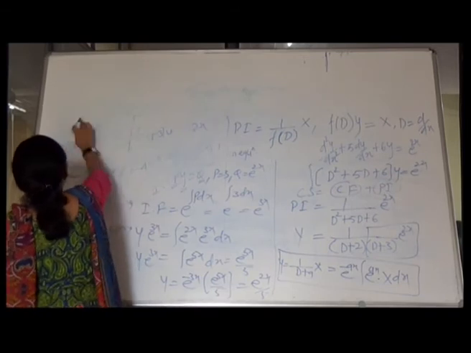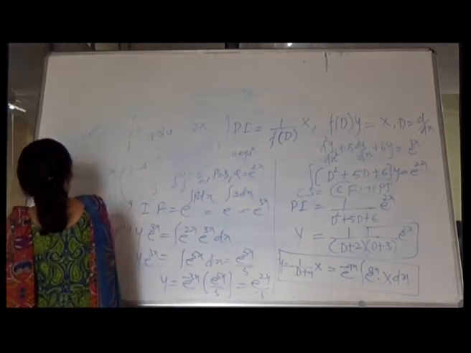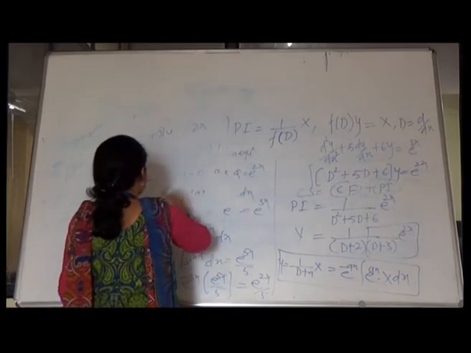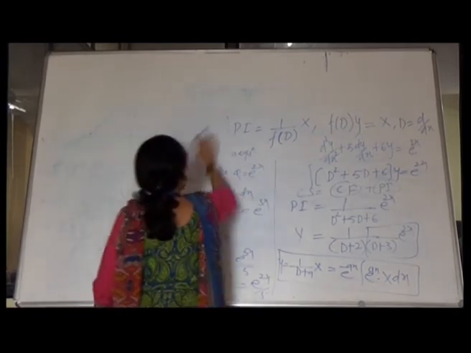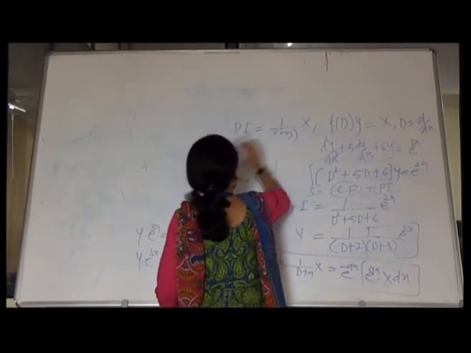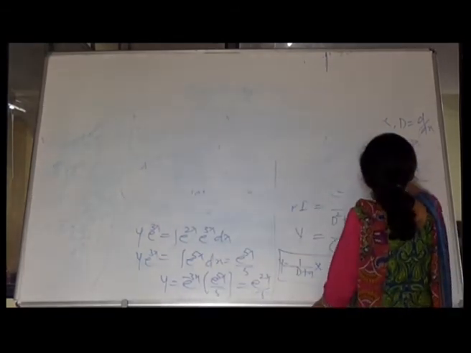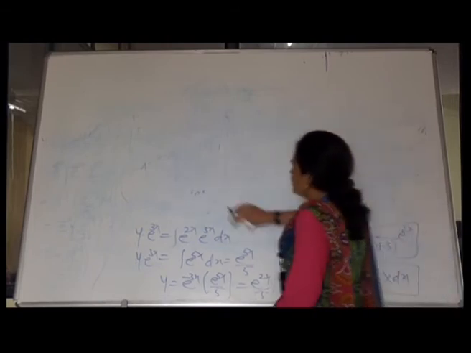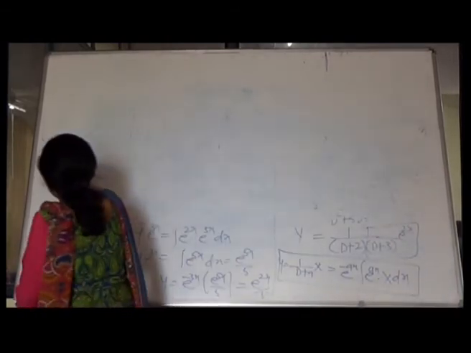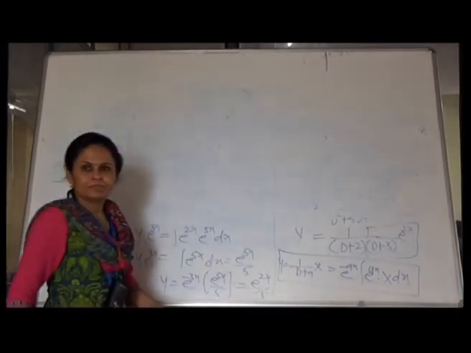Let us write these two results and make sure that we can apply them for any such function which is a non-standard one and find the answer for the particular integral. I am summing up with this method, writing these two results and generalizing it for any kind of capital X function.